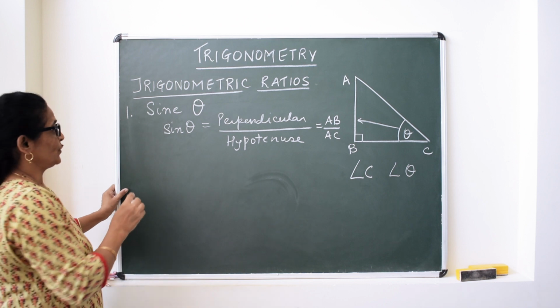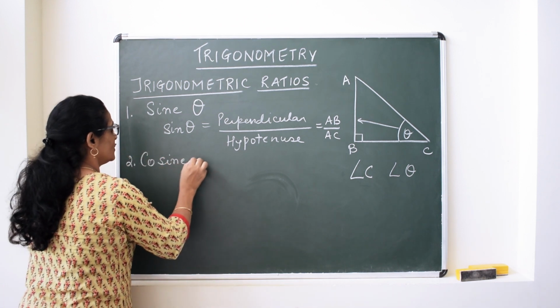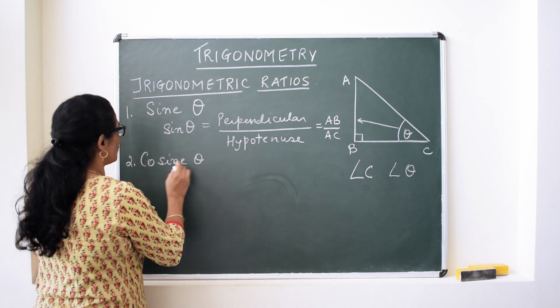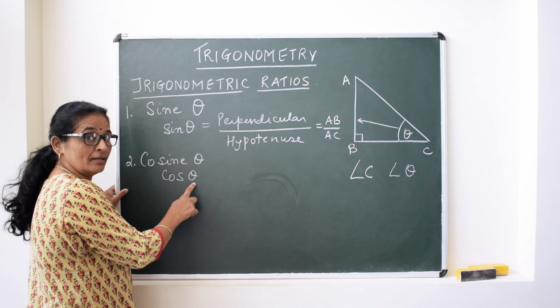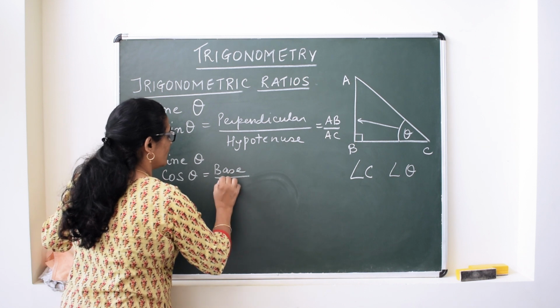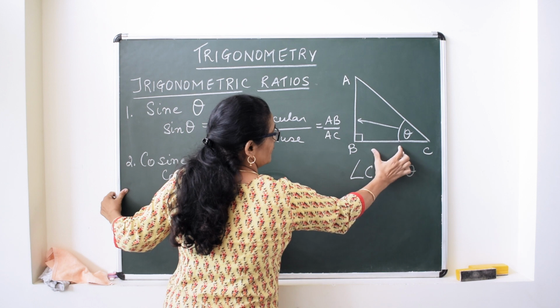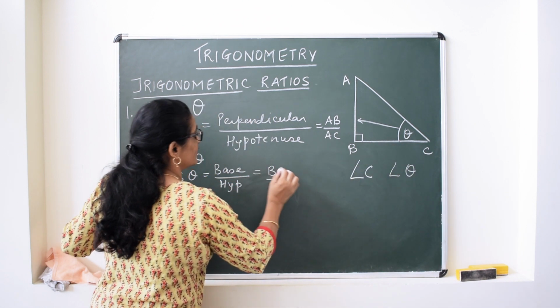The second ratio is cosine. Cosine of the same angle we are discussing, theta, and its short form is cos theta. Again it is cos of angle theta. That is equal to base upon hypotenuse. For this angle theta, base is BC and hypotenuse is AC.